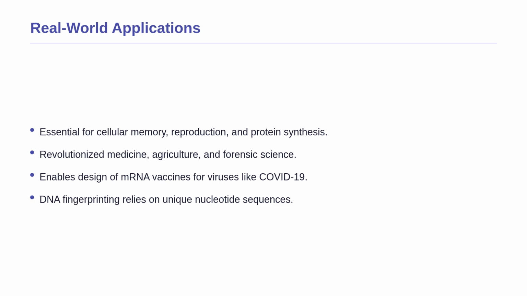In the real world, understanding this structure has revolutionized medicine, agriculture, and forensic science. For example, when scientists design mRNA vaccines, like those used for COVID-19, they are directly using their knowledge of nucleic acid structure to teach our bodies how to fight a virus. Furthermore, DNA fingerprinting in criminal investigations relies entirely on the unique sequence of nucleotides present in a suspect's nucleic acids.